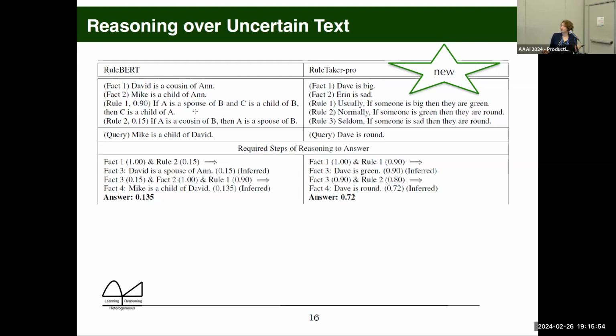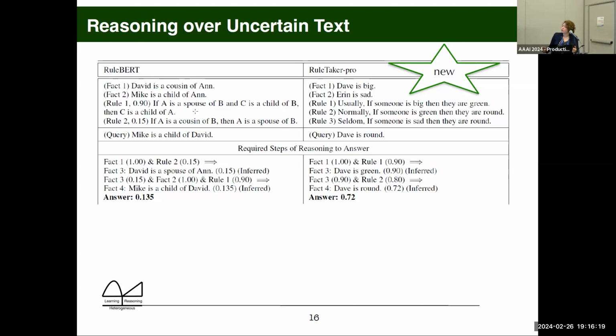And so we wanted to have different rules per example. So we really wanted the model to look at the rules that are given to it and reason based on that, not capturing the rules from the training data. So that's why you can have contradictory rules. Like the first question might say round people are green. Another question says round people are not green. So we really want the model to look at the context and the rules and then do reasoning.